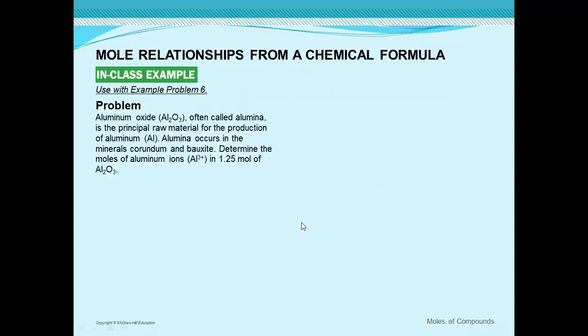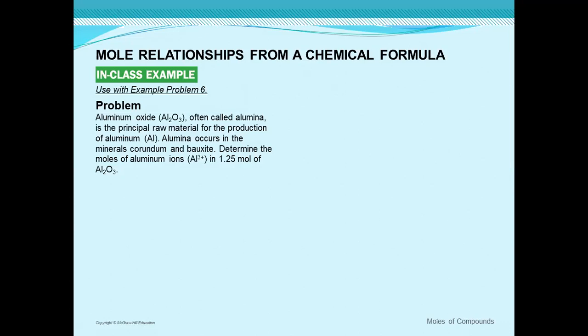After that, this example, can you read, Mazin? Aluminum oxide, often called alumina, is the principal raw material for the production of aluminum.